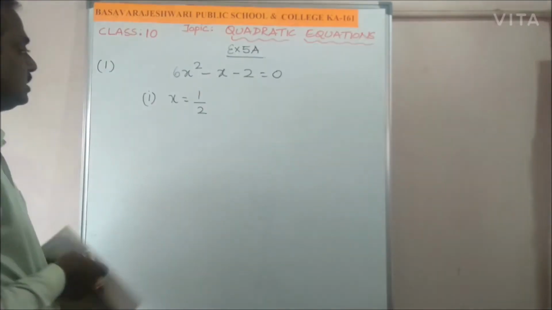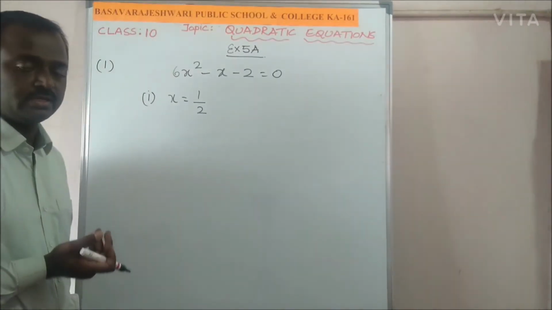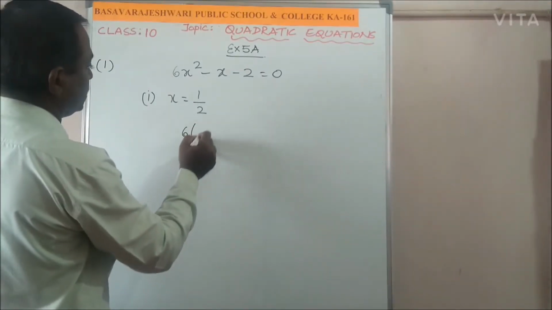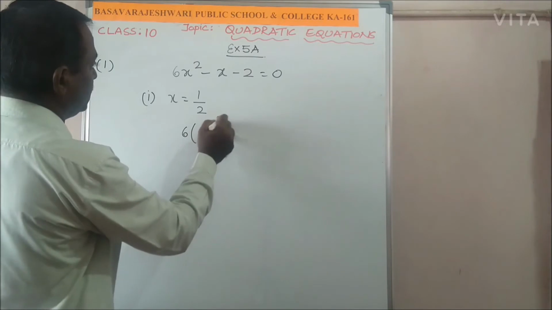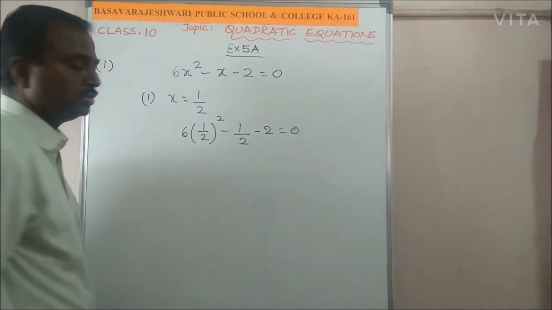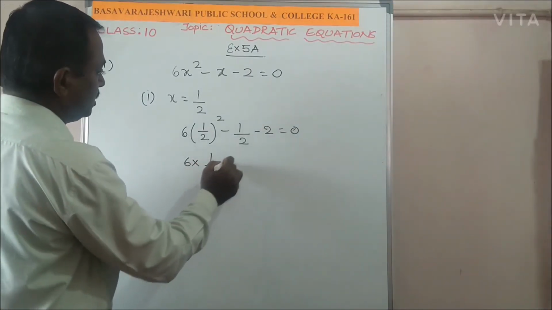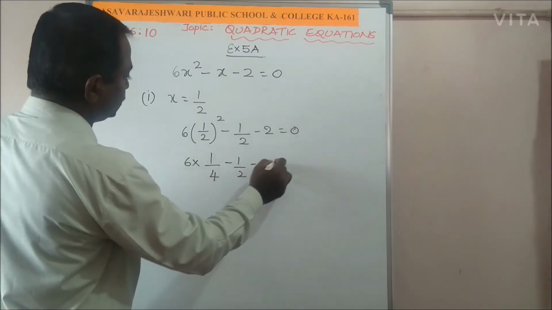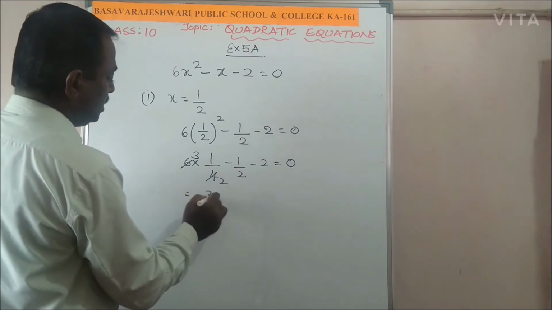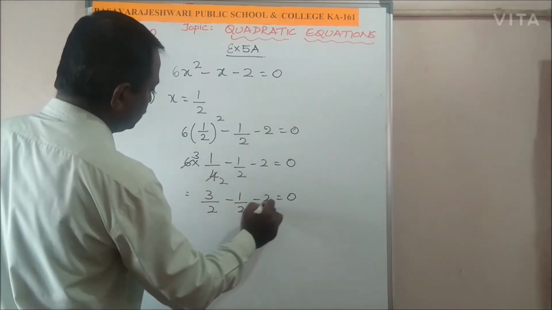We substitute this value in the given equation to see whether LHS is equal to RHS. 6 into 1 by 2 whole square minus 1 by 2 minus 2 is equal to 0. 6 into 1 by 4 minus 1 by 2 minus 2: 3 by 2 minus 1 by 2 minus 2 is equal to 0.